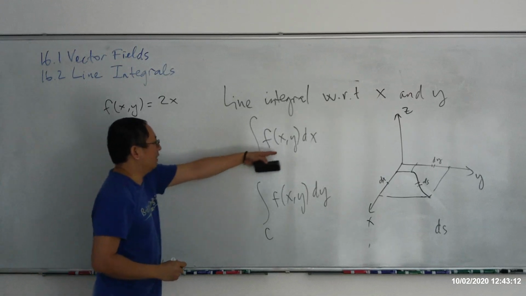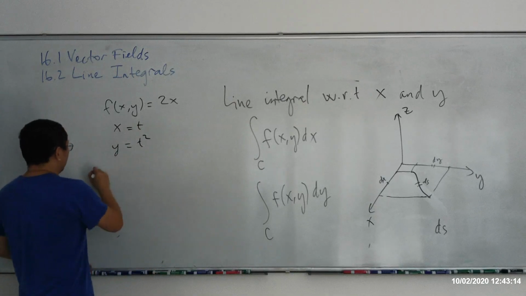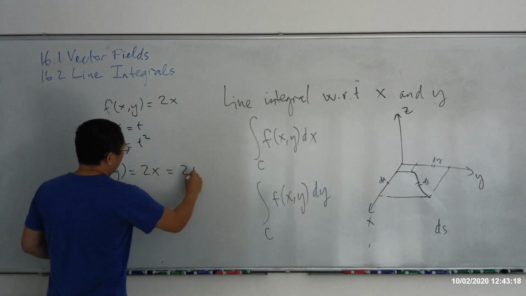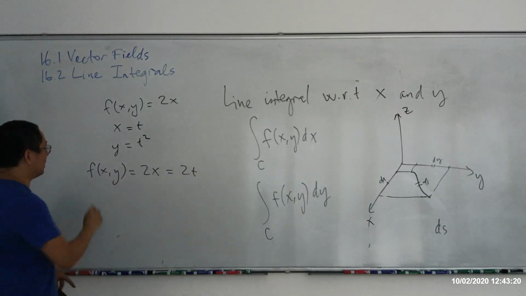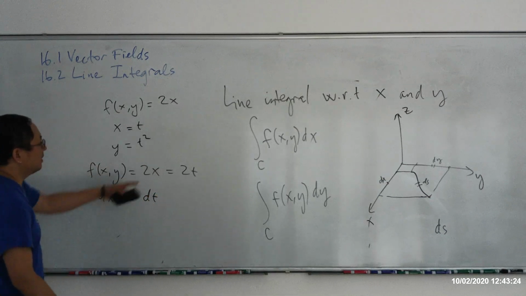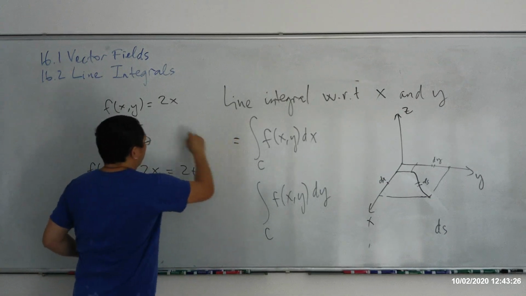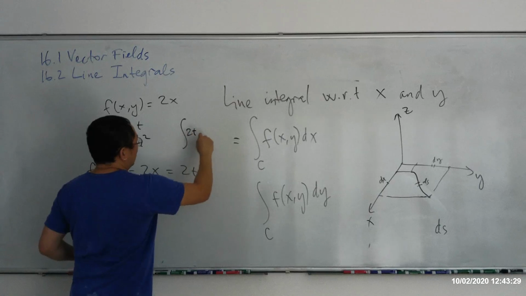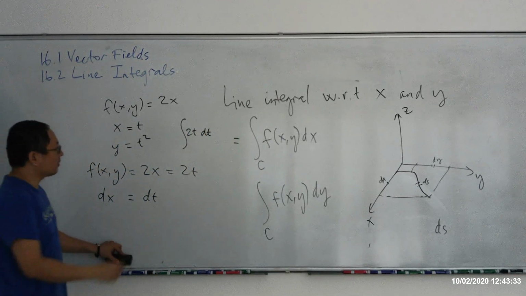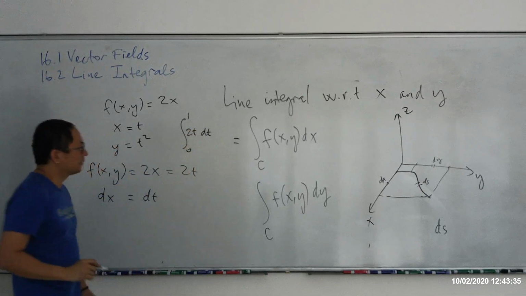So now what? f of x y, which is 2x, now becomes 2t, because I change x to t. And dx is dt right here. So this integral now becomes what? Integral of 2t dt. That's all it is. Okay? And of course, from 0 to 1, like before.